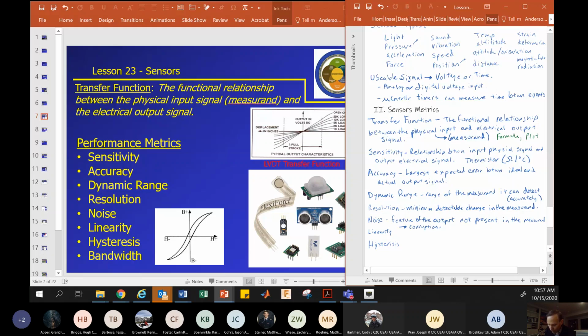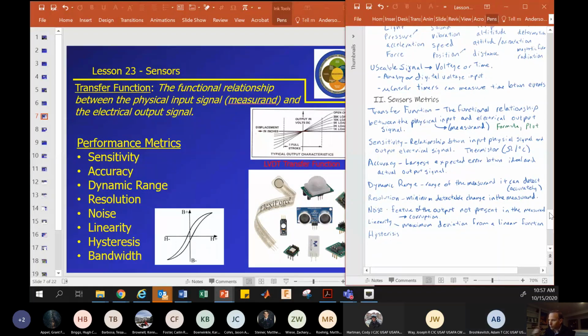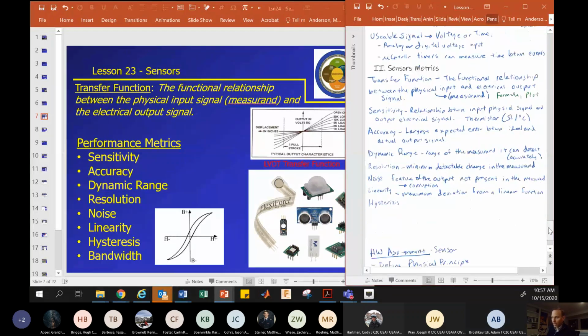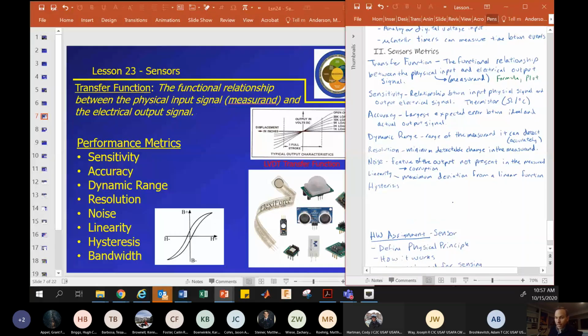Okay, so linearity is usually recorded as its maximum deviation from a linear function. Why is linearity important or desirable? Because it allows you to create an accurate transfer function. You can have an accurate transfer function if it's linear or not, but it's definitely simpler.